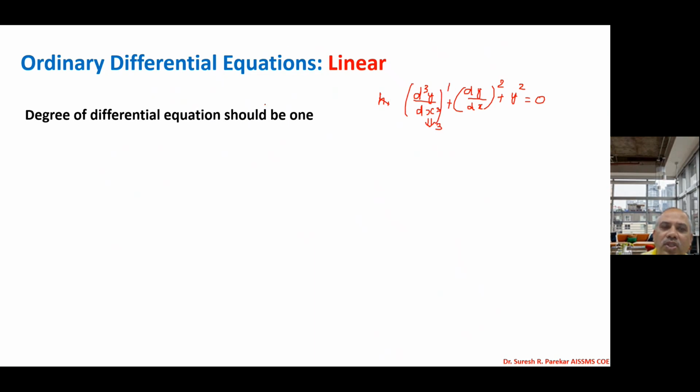So first we have to check whether the degree of the differential equation is 1 or not. Then next, the degree of each differential quotient should be 1.